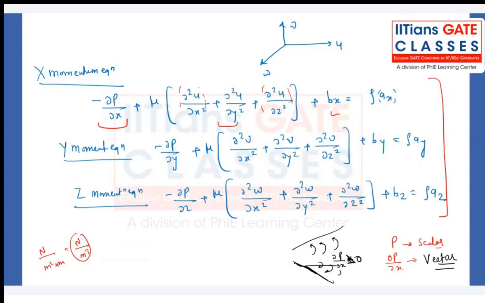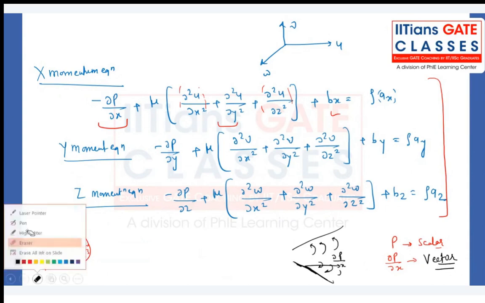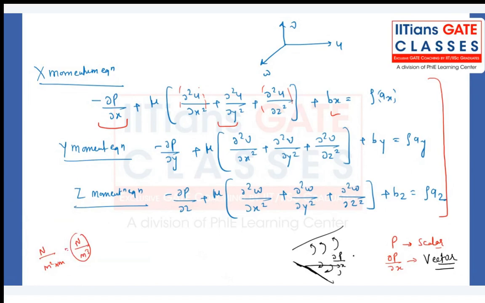Greater than 0 means what is going to happen? Adverse pressure gradient, correct? So with the help of dou p by dou x, you are able to identify the direction in which the flow is happening. So that is a vector quantity.